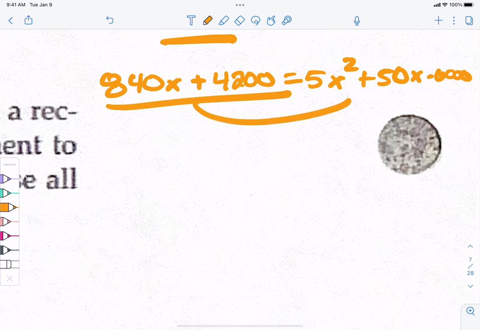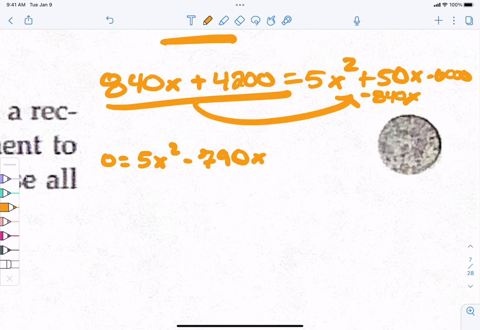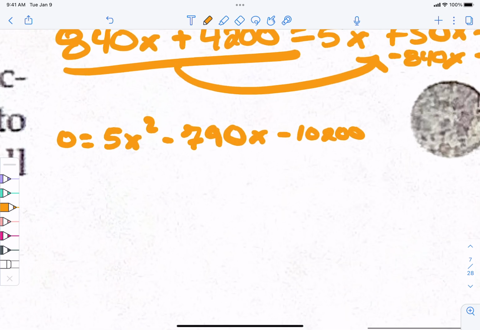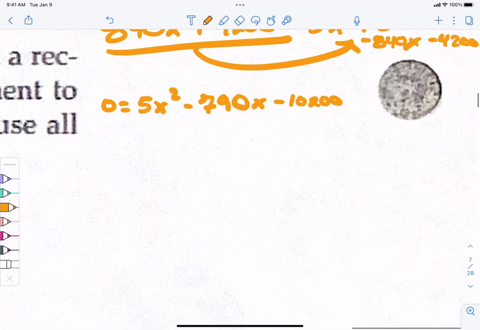Continue. Let's move these to the other side. 0 equals 5x squared. What is 50 minus 840? Negative 790x. Minus the 4,200 from the 6,000, negative 10,200. Oh my gosh, we're almost there, guys. Now what?